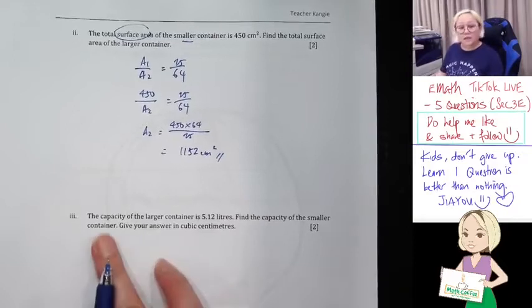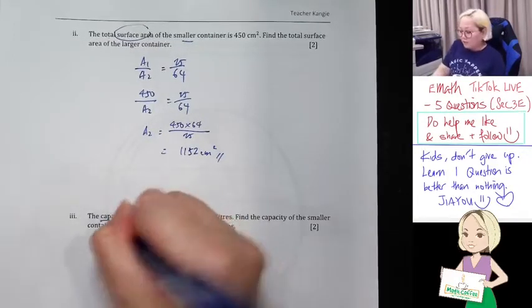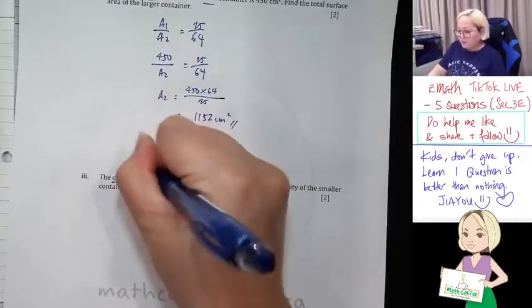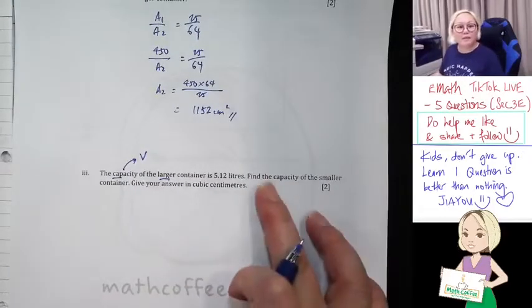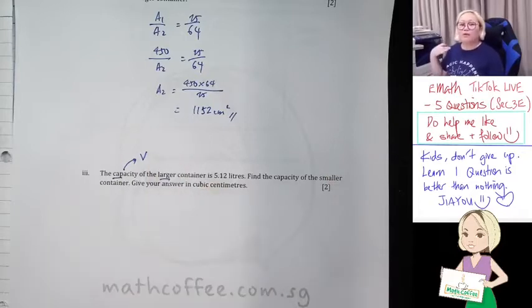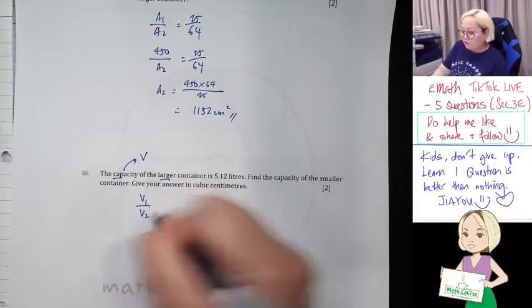Okay, next. They say the capacity of the larger container. So the keyword is capacity, another keyword is larger. Capacity is the same thing as volume. So volume means I want to find my volume ratio. Kids need to remember volume ratio V1 over V2.